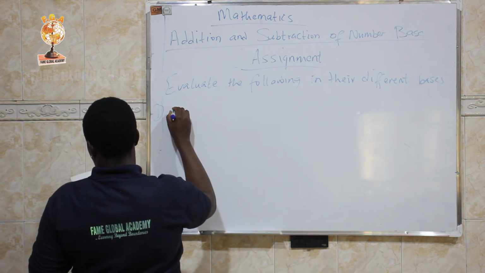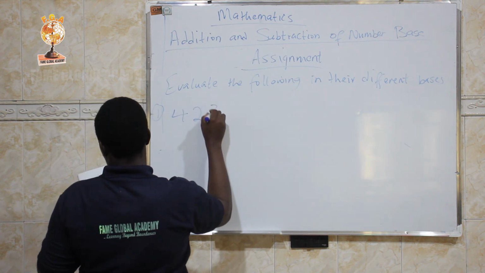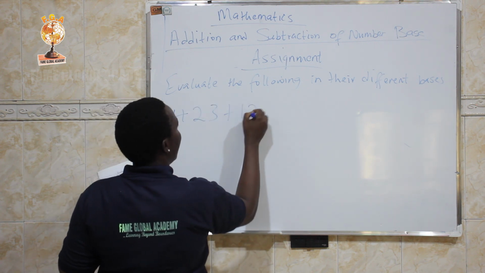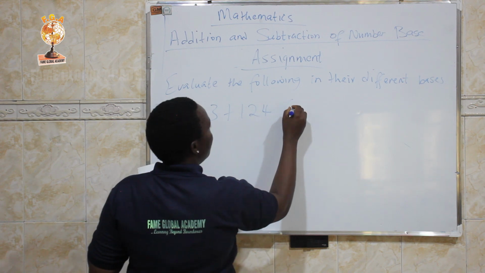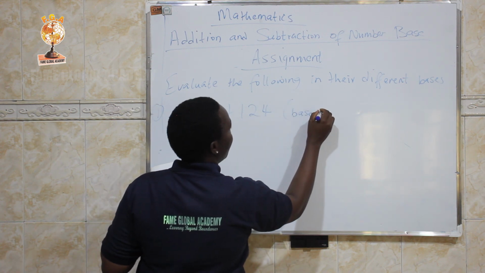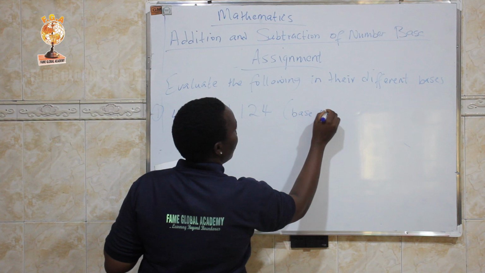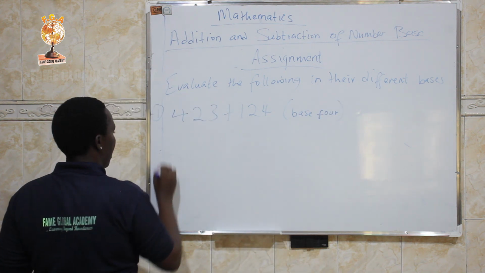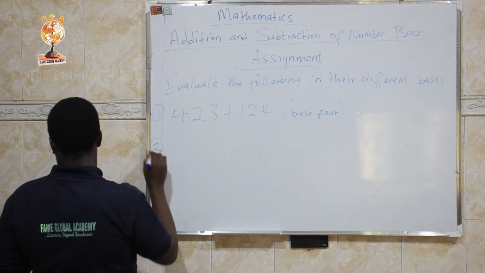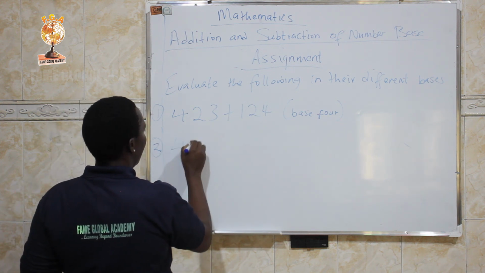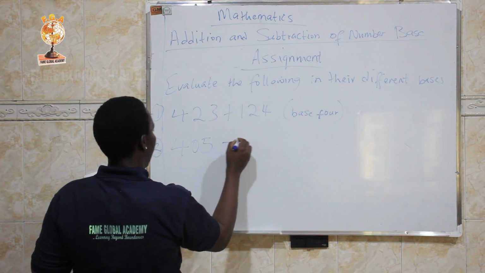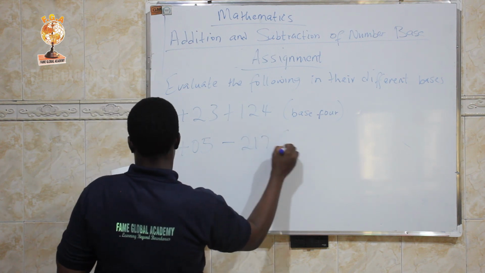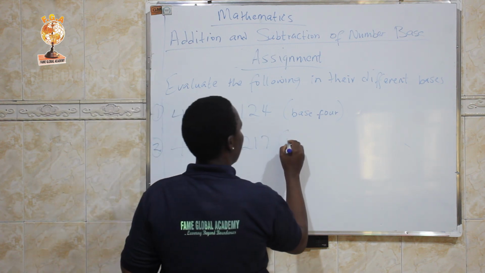Number 1, 423 plus 124 in base 4. Then number 2 is under subtraction. 405 minus 217 in base 8.